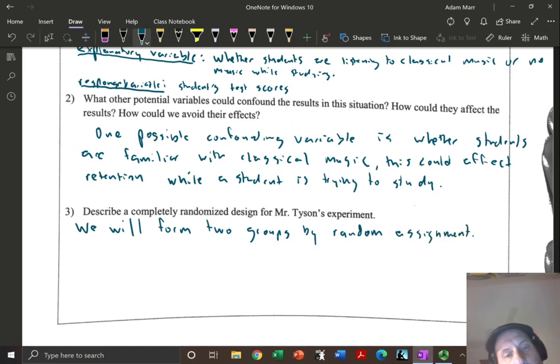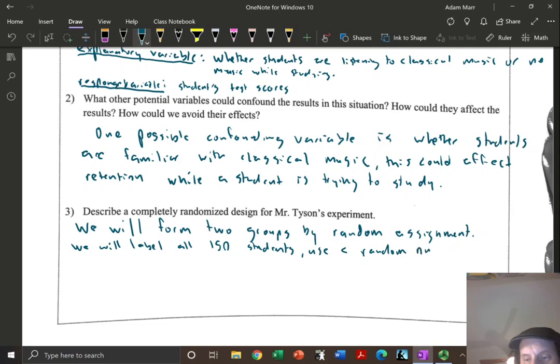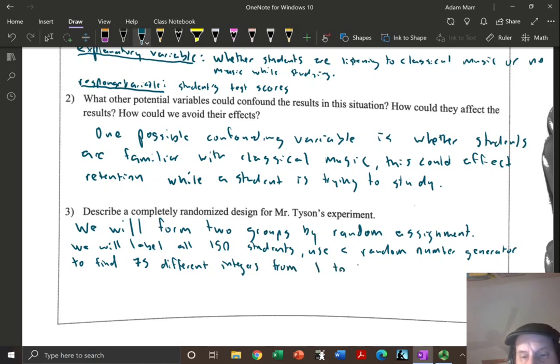So how are we going to do that? All right, what we can do is we will label all 150 students, and we will use a random number generator to find 75 different integers from 1 to 150.